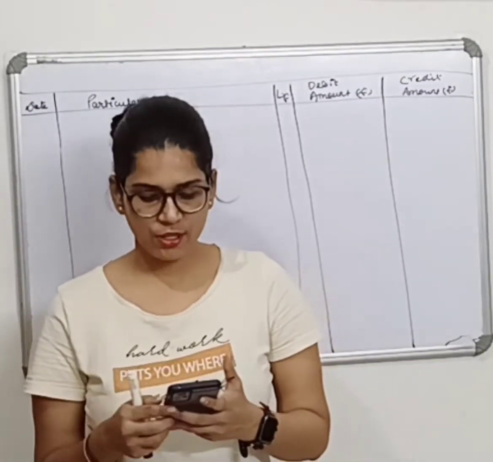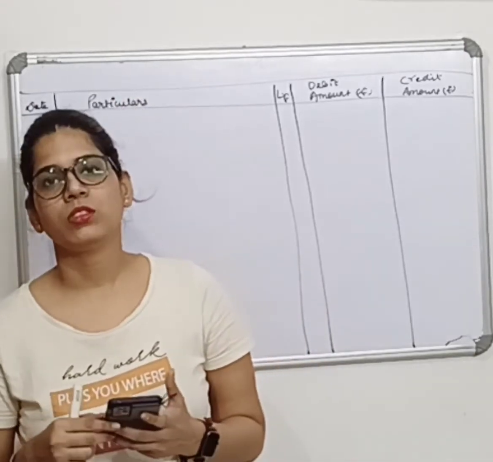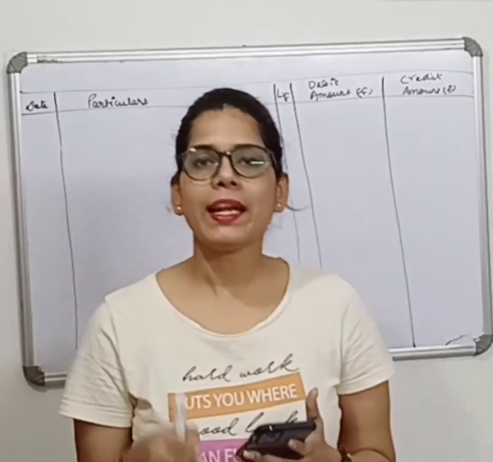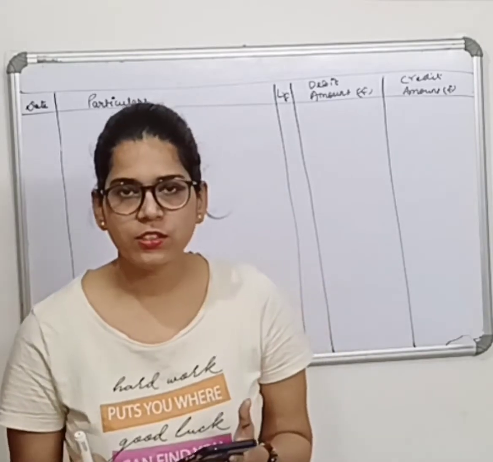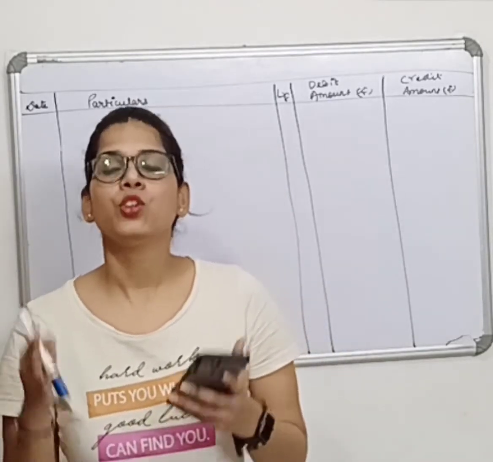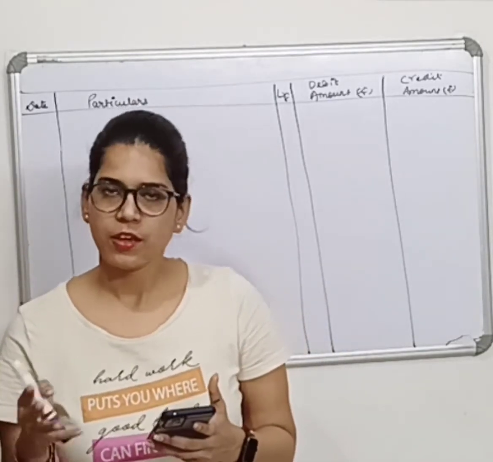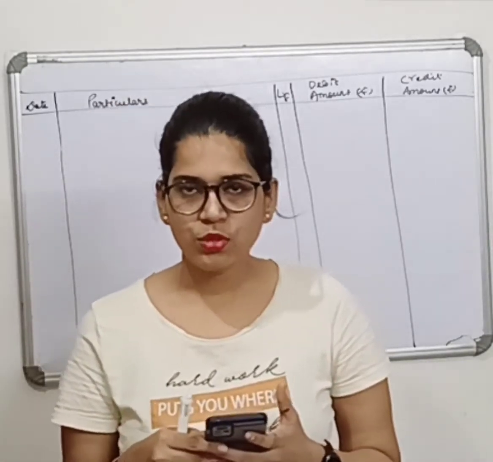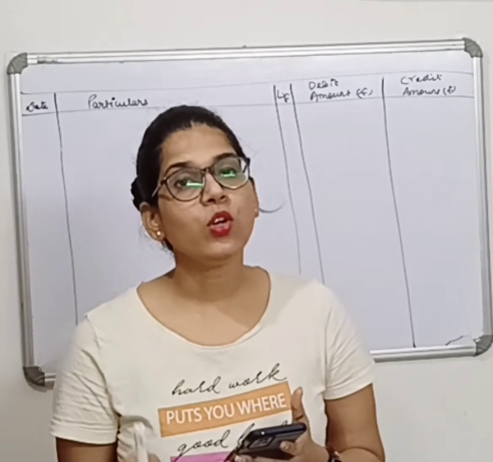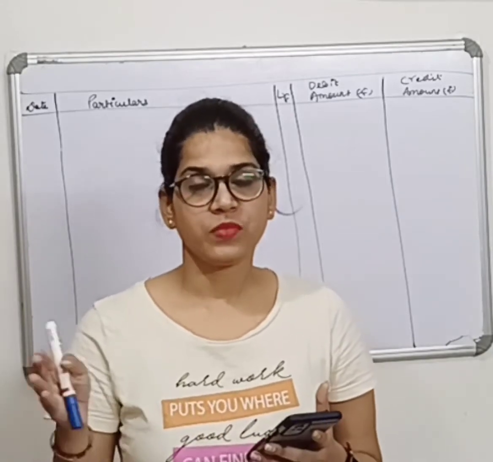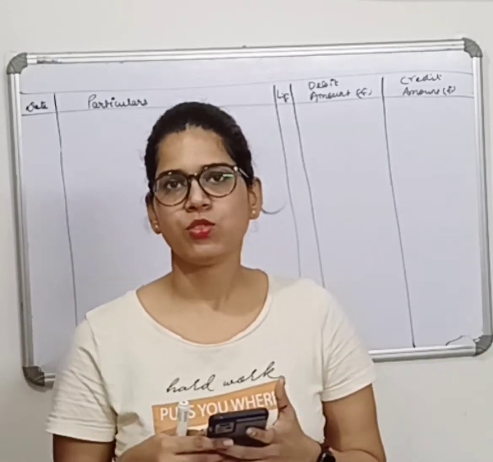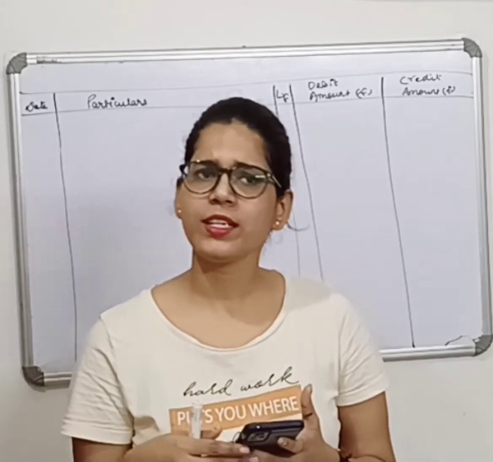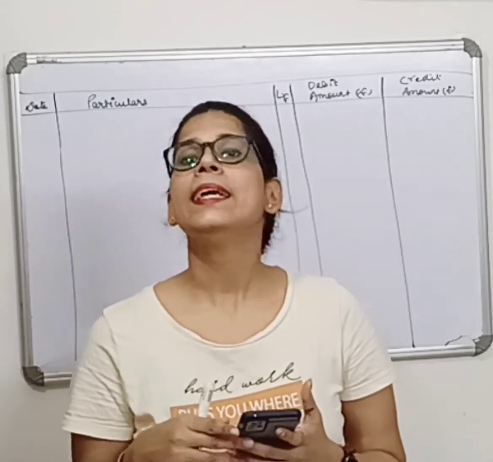The first transaction is bad debt of rupees 10,000. You already know that a bad debt is any amount of debt which we fail to recover from our debtors. Bad debt comes under the head nominal account, and any loss needs to be debited. So bad debt is a loss for us, and of course it will be debited.